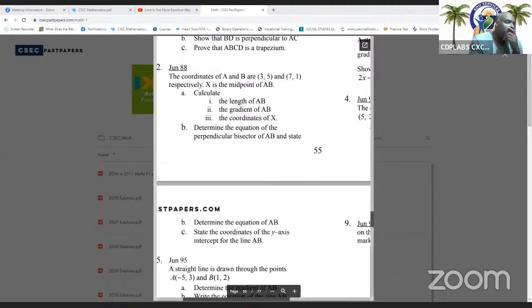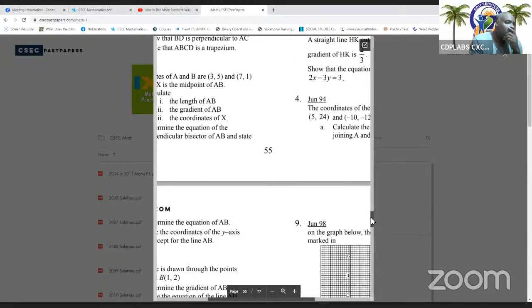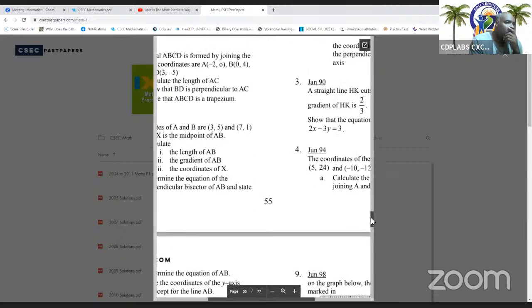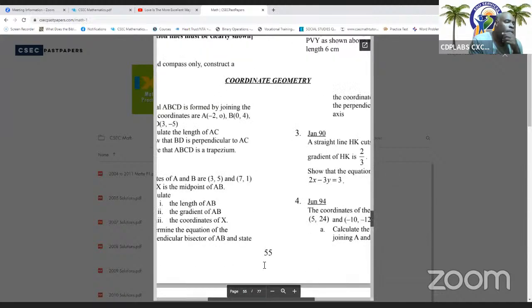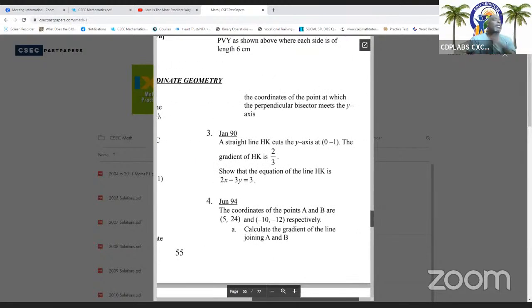And state the coordinates. You say the coordinates of the point at which the perpendicular bisector meets the y-axis. That's the final part of it. Thank you for asking.